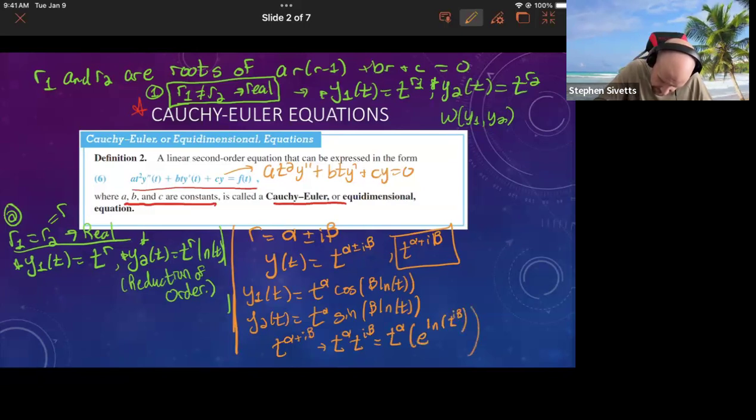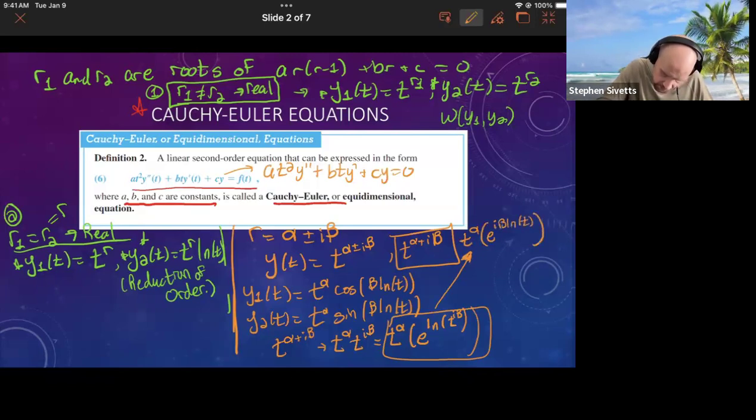Okay. And so this quantity right here would equal t to the alpha times e to the i times beta ln of t.